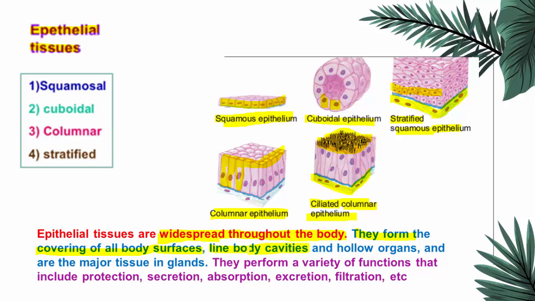That's why I take the name of the mouth. In the mouth we have a cavity which is called buccal cavity or oral cavity. Even the oral cavity or buccal cavity is also lined by epithelial tissues. Hollow organs. What is the meaning of a hollow? Any structure having internal cavity or tube-like structure.